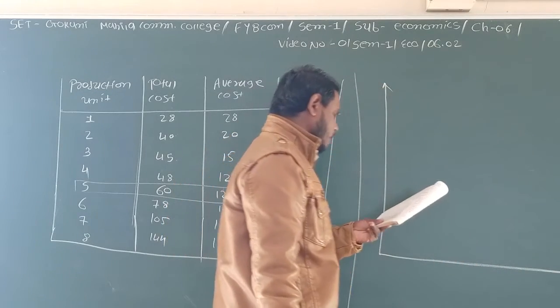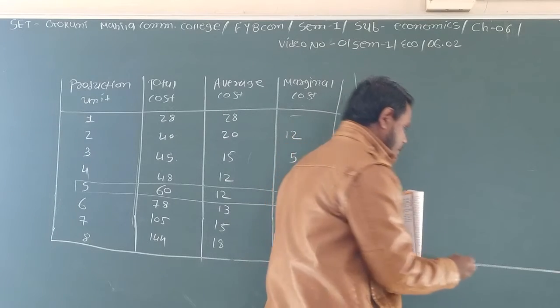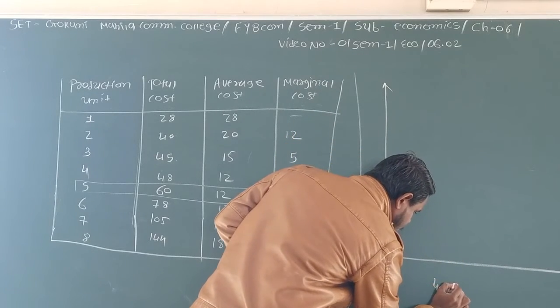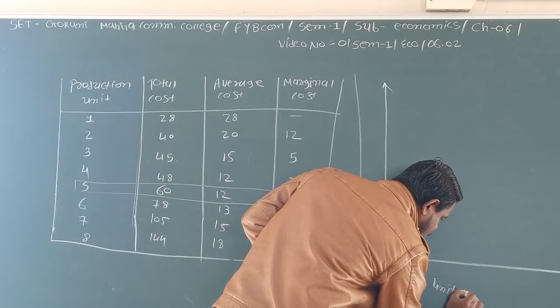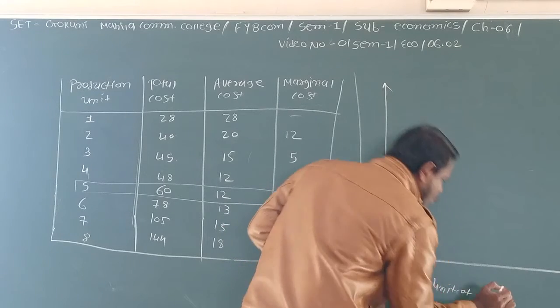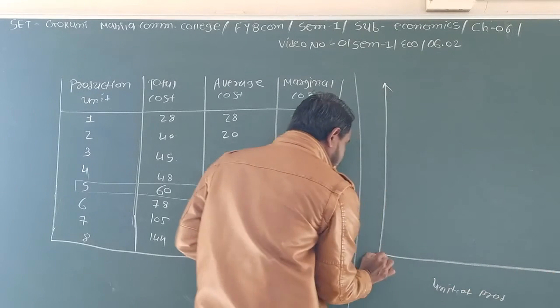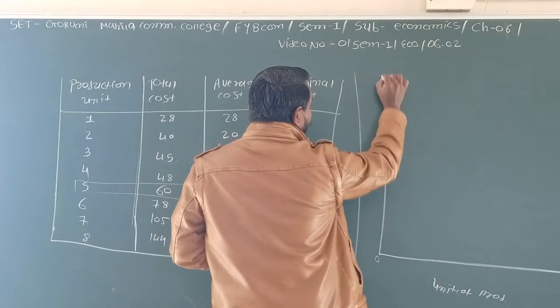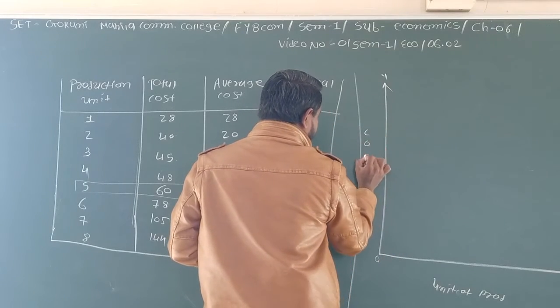Same, on the OX axis there are units of production given, and on the OY axis there is cost given.